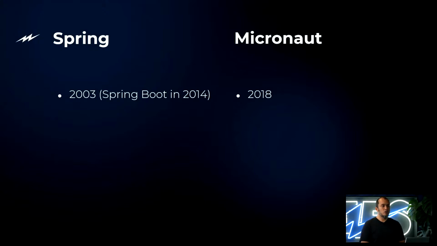The main goal is to boost developer productivity. So it's a really nice framework. And Micronaut, on the right side here, was released in 2018. So it's much younger compared with Spring. Micronaut was released in the era of cloud native and microservices. So yes, it's a really different era.